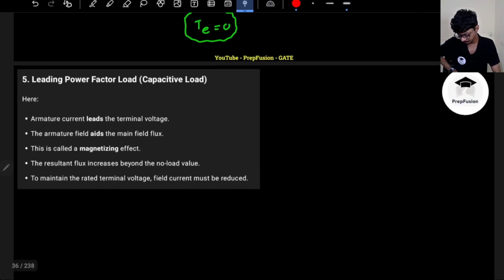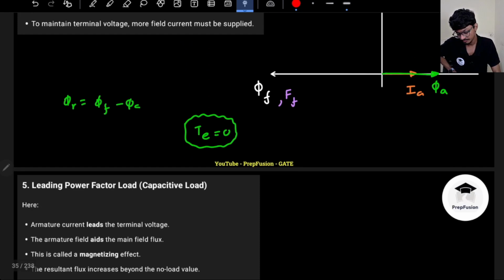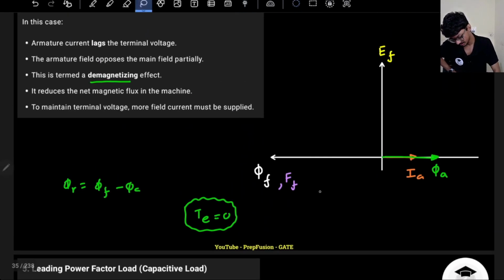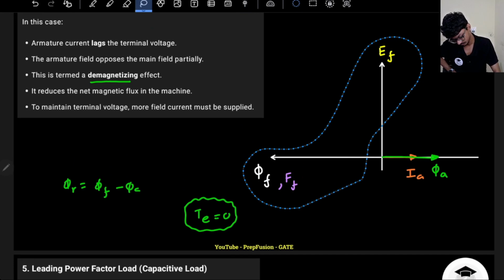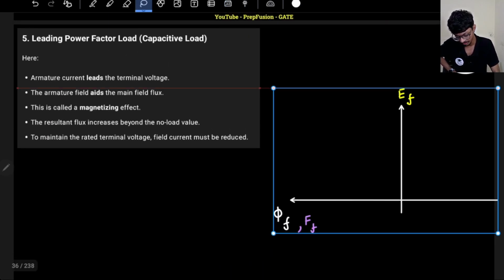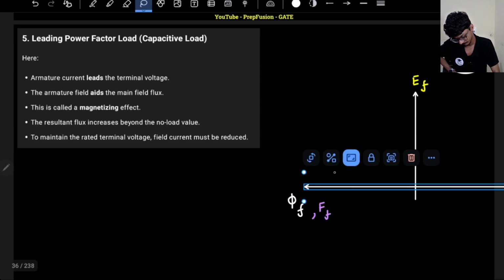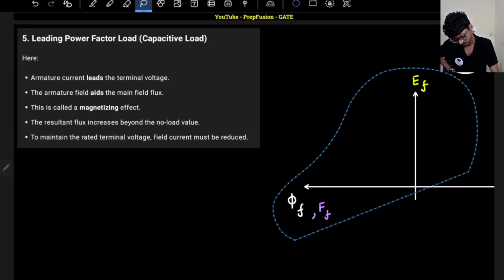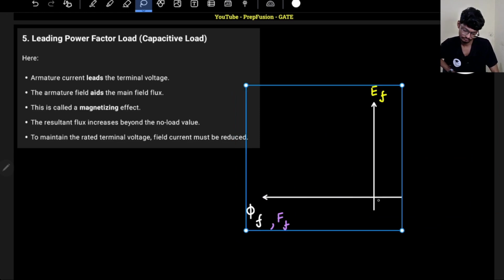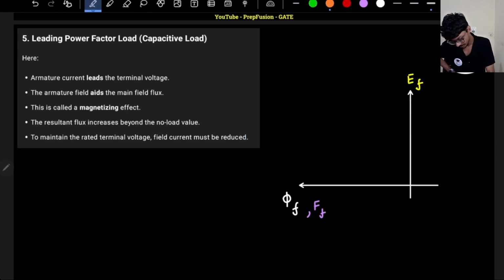Now the same thing for leading power factor: it will be magnetizing. How will it be magnetizing? In case of leading, the current will lead the voltage, so the current will be here.